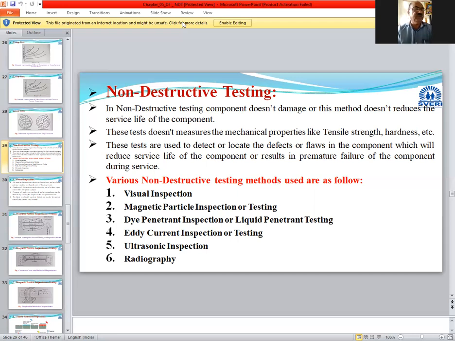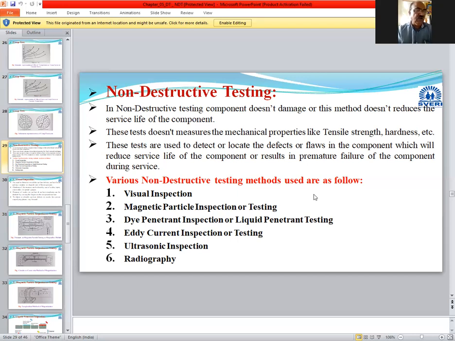Elastic means before the yield point, the material regains its shape, but after the yield point, the material goes into the plastic deformation region. And here we can measure the elongation, yield point, tensile strength and fracture strength.